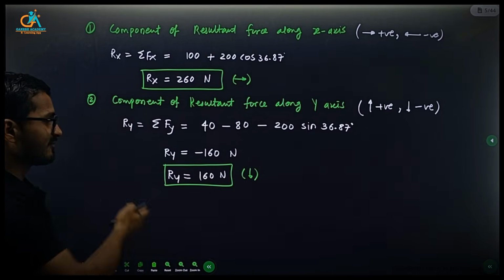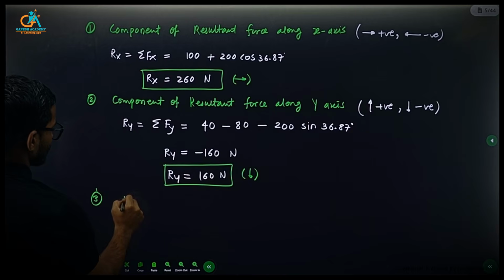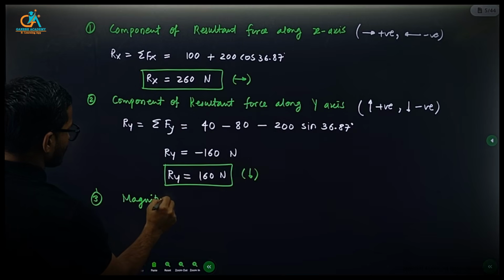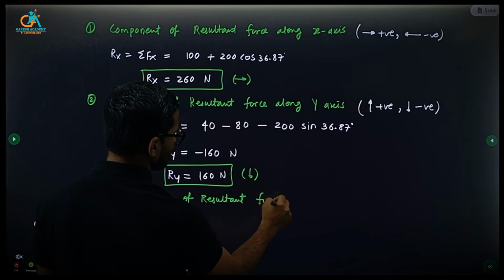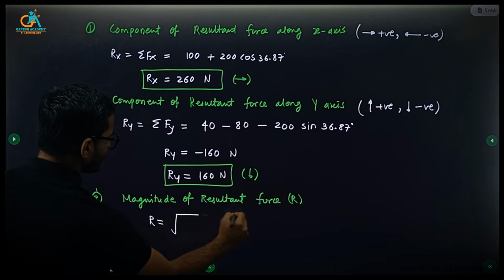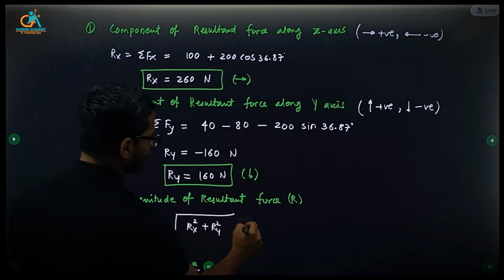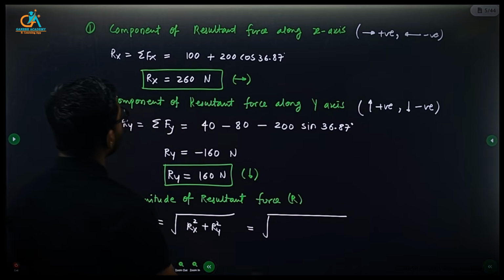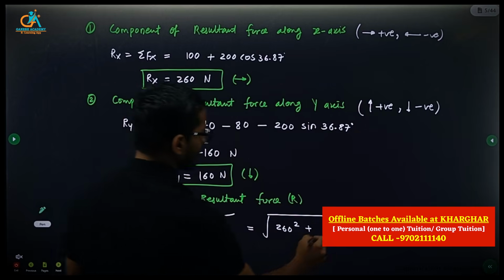Okay, and in the same way as the previous numerical, find the resultant force, or the magnitude of the resultant force R, using Pythagoras theorem: square root of Rx square plus Ry square. Rx is 260 and Ry is 160.